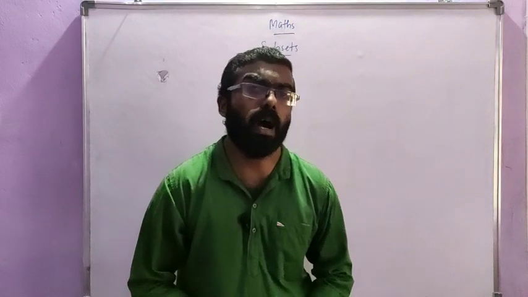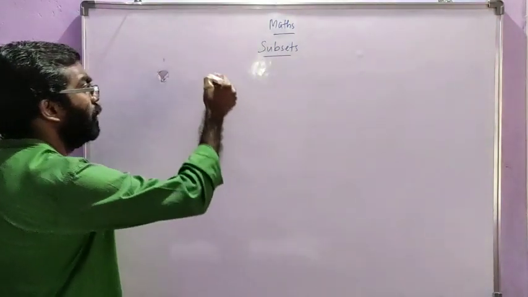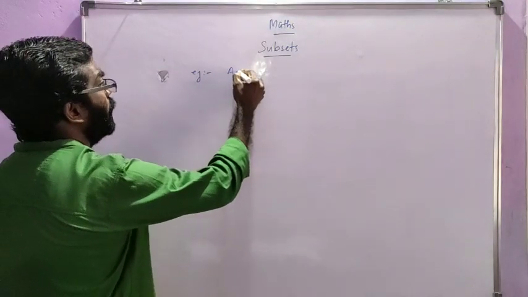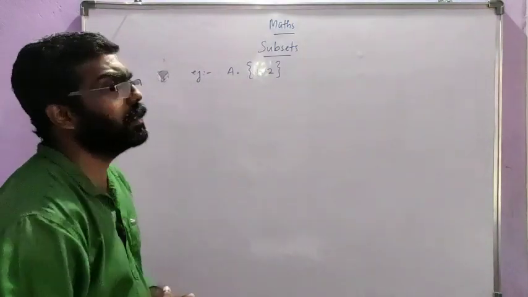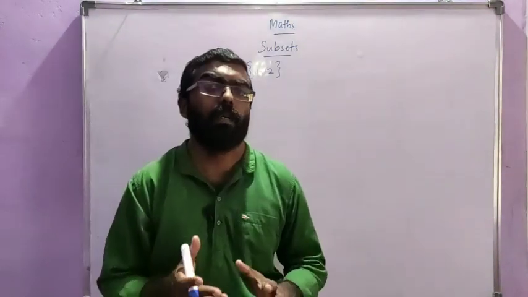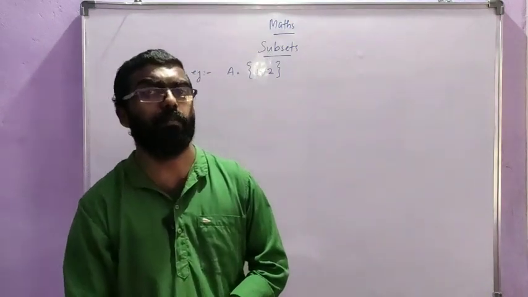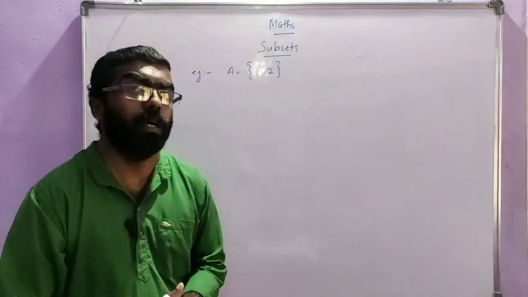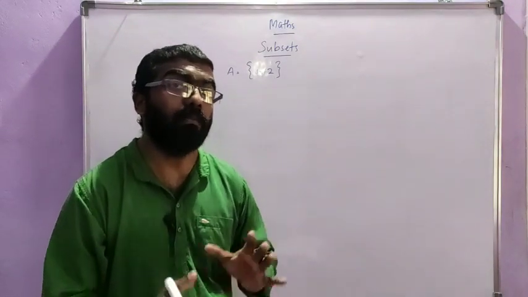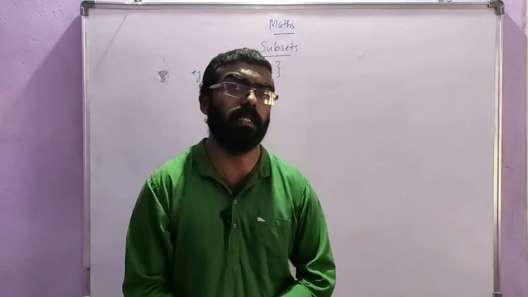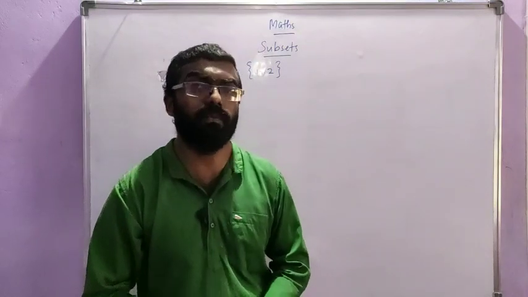Next we shall discuss how to write subsets of a given set. Okay, let us consider an example. A is equal to set 1, 2, and we are asked to write the subsets of this set A. If A is a subset of B, then every element of A is an element of B. And we already know every set is a subset of itself, and phi is a subset of every set.